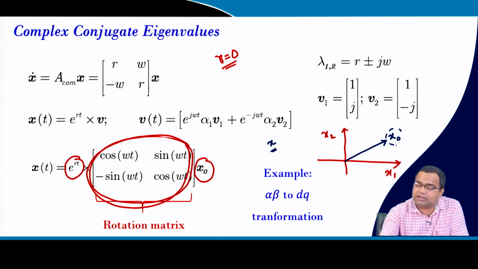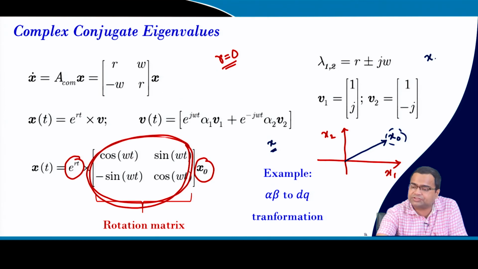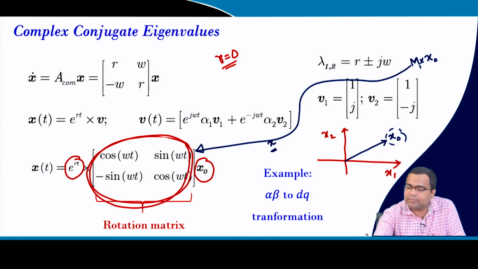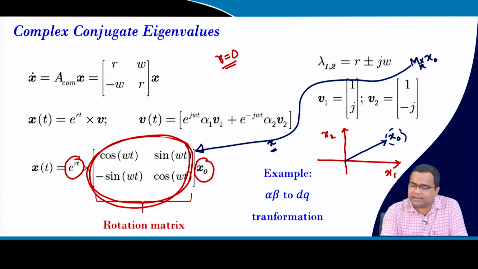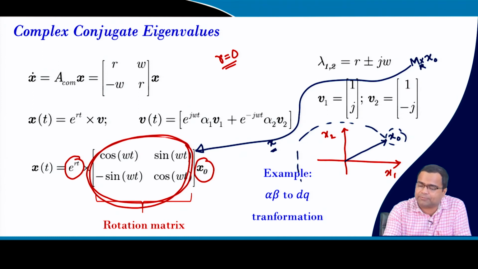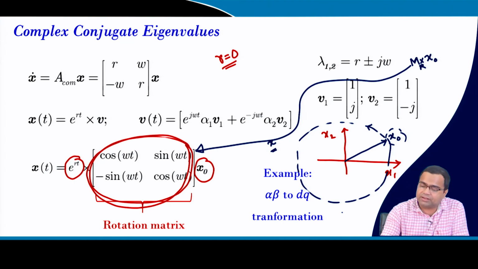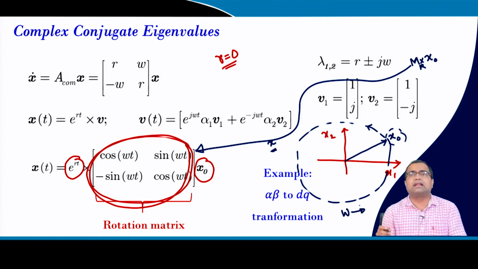With this initial condition, if we multiply x0 with this rotational matrix MR, what will happen? You will find it keeps rotating with the same radius, whether clockwise or anti-clockwise, which we will see. And what will be the speed of rotation? The omega is the angular frequency, and it will rotate at this frequency.